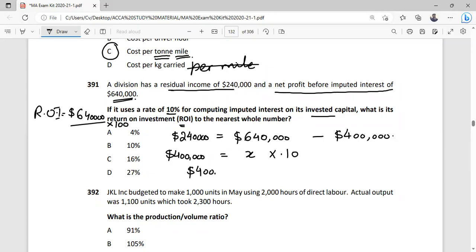I can calculate my controllable investment by dividing 400,000 by 0.1. My answer will be 4 million. So after determining controllable investment, I can calculate ROI: 640,000 divided by 4 million into 100. Your return on investment is 16%. Right, everyone? Any question?